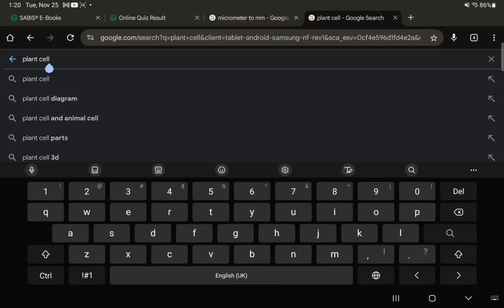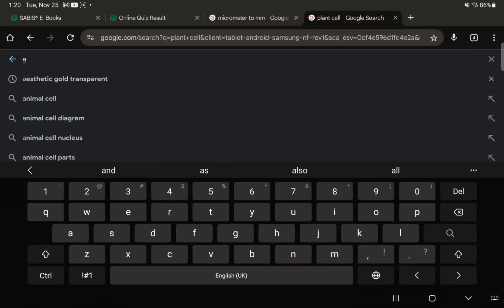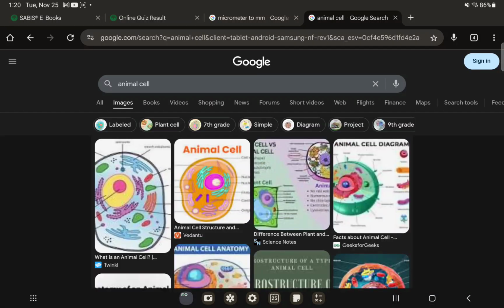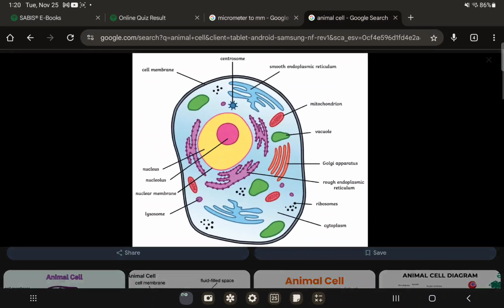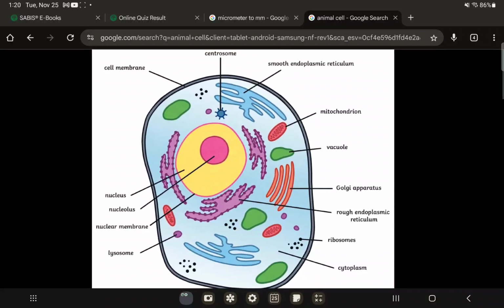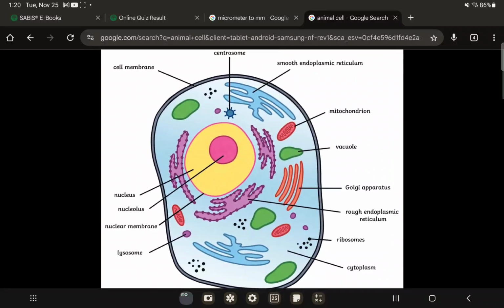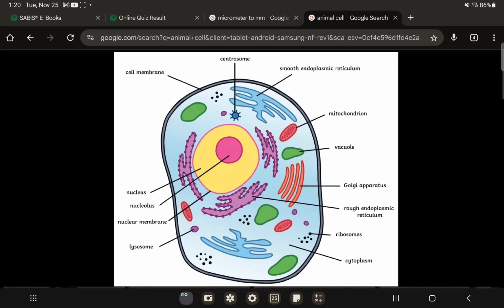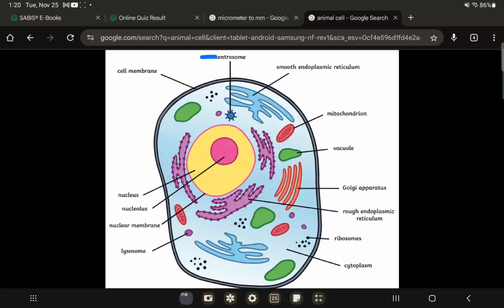And then this is an animal cell. It generally has a lot of things in common with the plant cells, but it's just a little different. And this we are not studying.